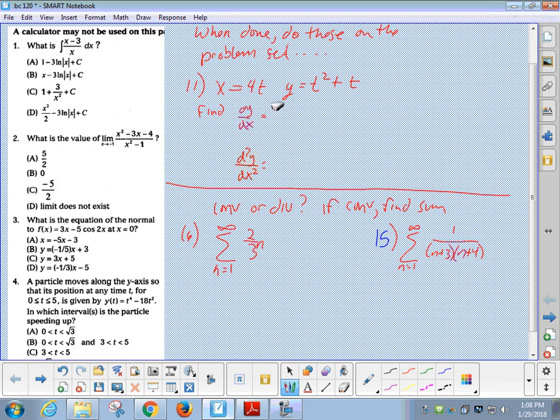Do you agree with the first derivative of 2t plus 1 over 4? On Friday, you learned that to take the second derivative, you don't just take the derivative of the derivative. I'm going to call this 1/2 t plus 1/4.